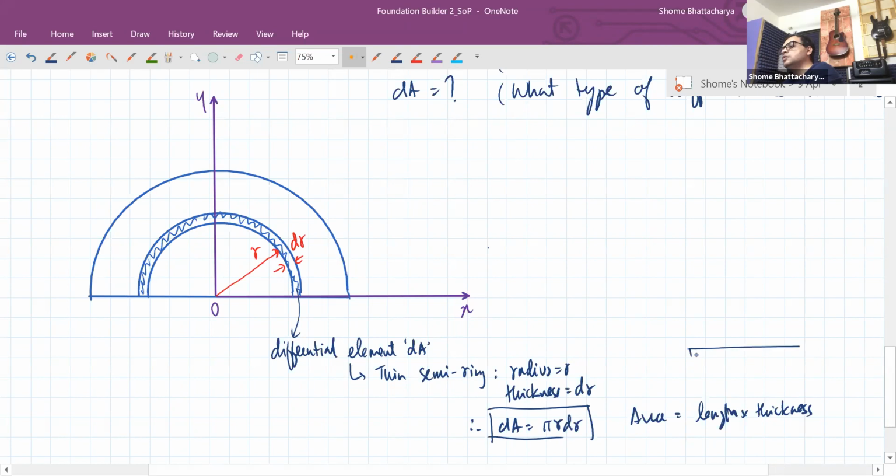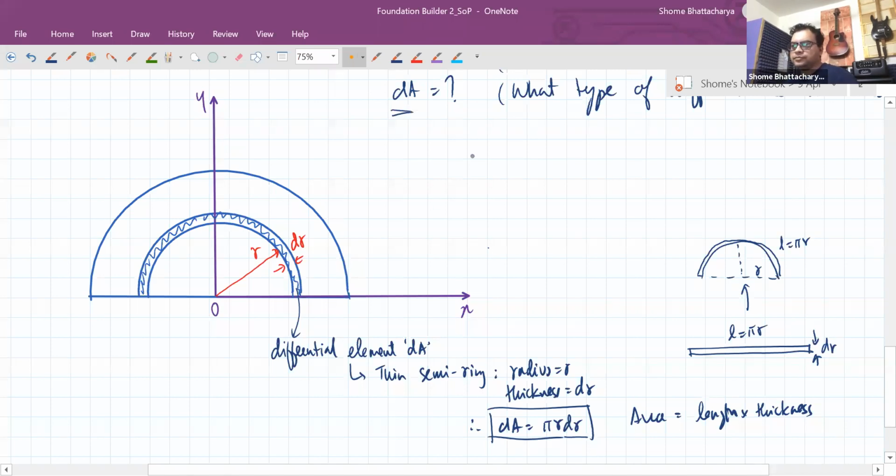It's like we've taken a rod of length pi r and thickness dr, and then bent that into a semi-ring like this. So the area is length into thickness, so it is pi r into dr. So one option of taking the area element is like this.